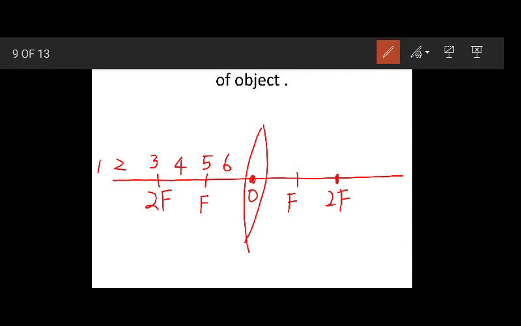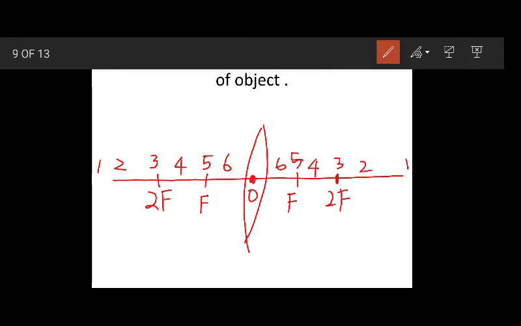And on the opposite side, this is 6, 5, this is 5, this is 4, this is 3, 2, 1.